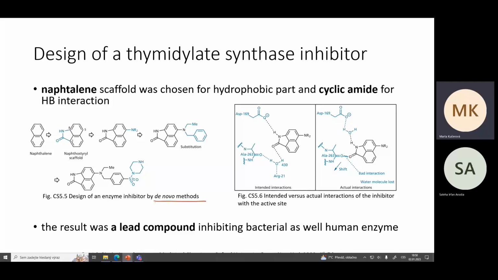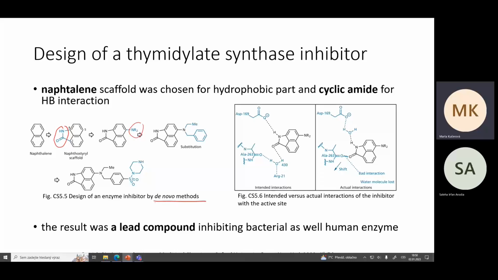So they suggested a naphthalene moiety as the basic core, involved a lactame, which is an internal or cyclic amidic moiety, and they further substituted the naphthalene with tertiary nitrogen.